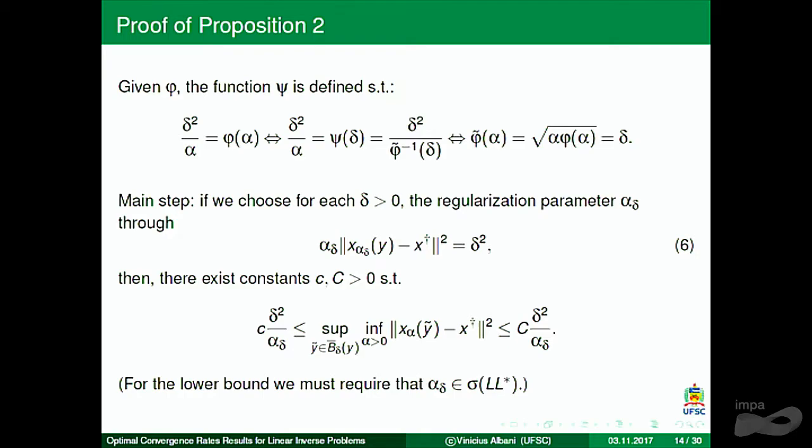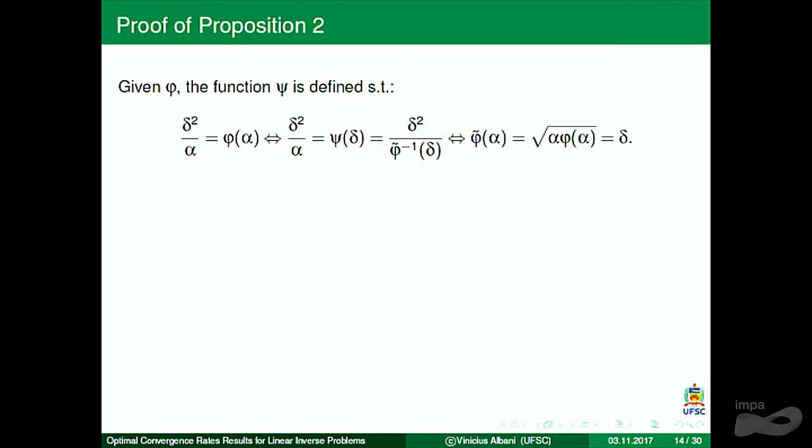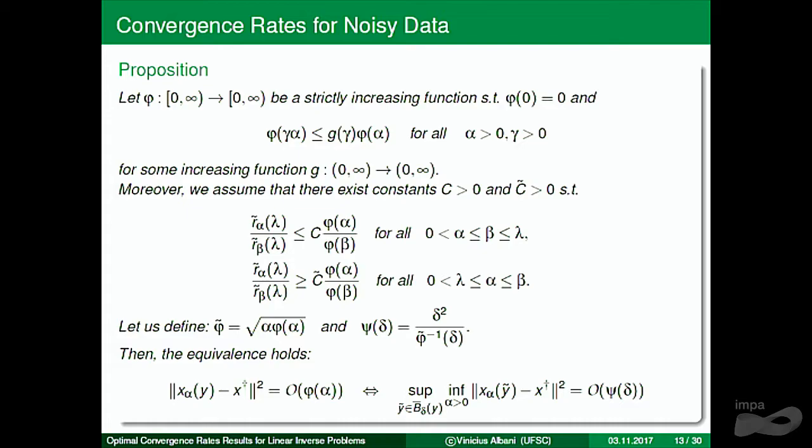The first inequality holds for any alpha, and this lower bound here only holds for alpha delta in the spectrum of L times L star.